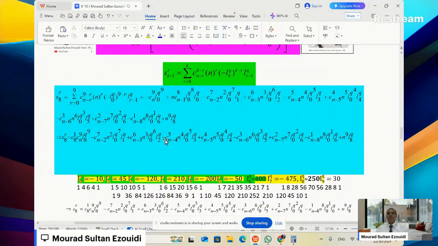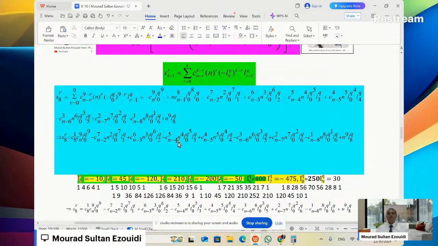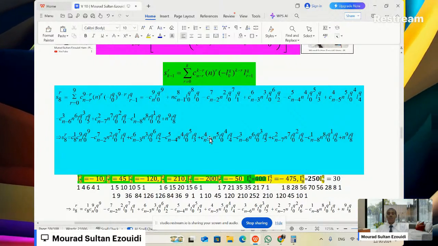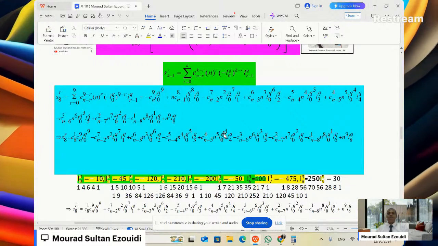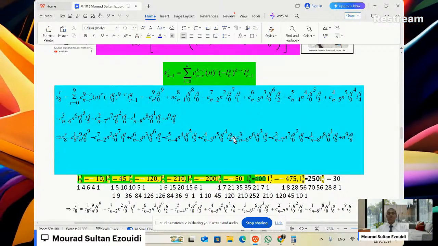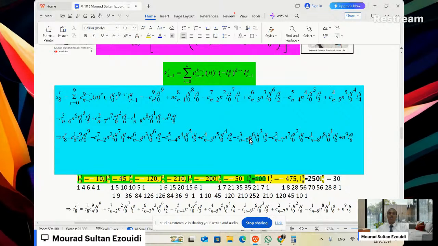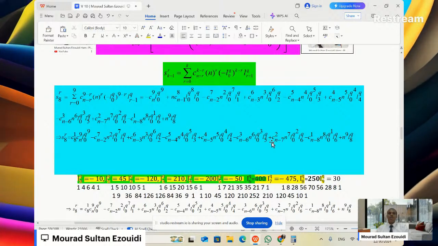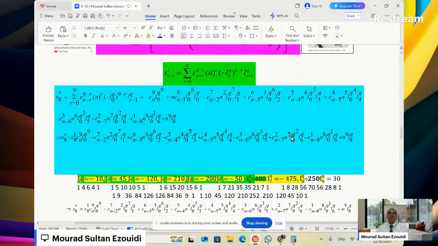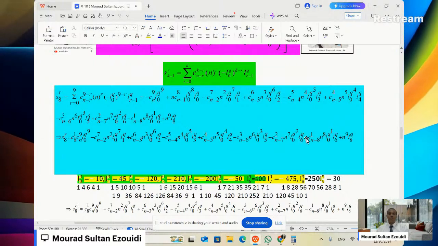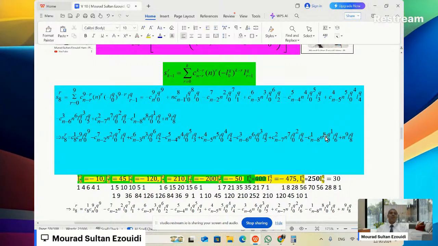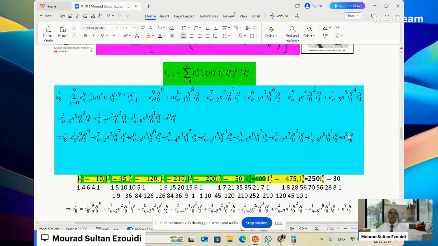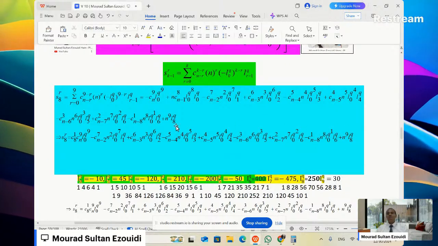Then minus combination n minus 4 choose 5 times n to the power 4 times 0 to the power 5 times n to the power 2, plus combination n minus 4 choose 2 n to the power 5 times 0 to the power 4 times 4 over 2, minus combination n minus 6 choose 3 n to the power 6 times 0 squared times 5 over 2, plus combination n minus 4 choose 2 times n to the power 7 times 0 squared times 6 over 2, minus combination n minus 6 choose 1 times n to the power 8 times 0 to the power 1 times n6, plus n to the power 9 times 8.